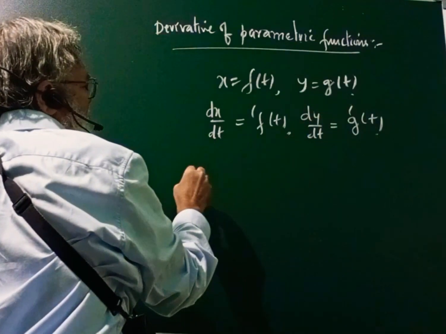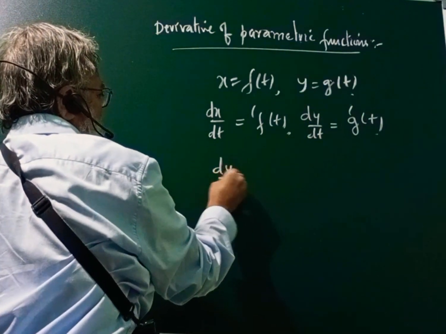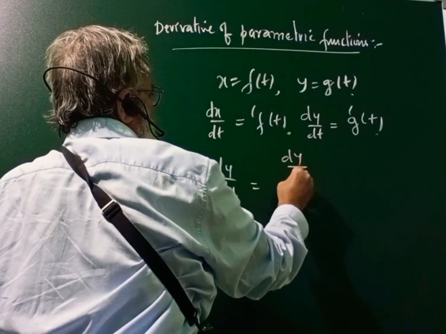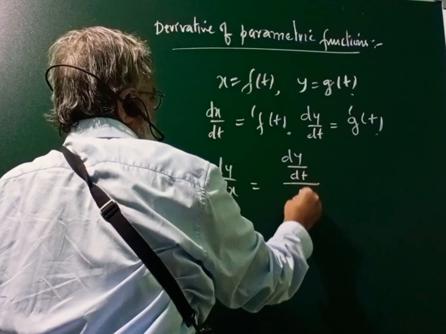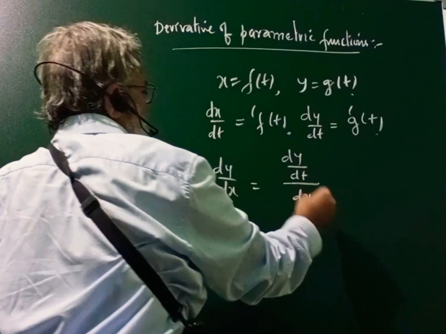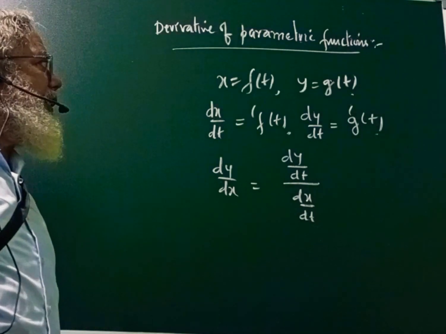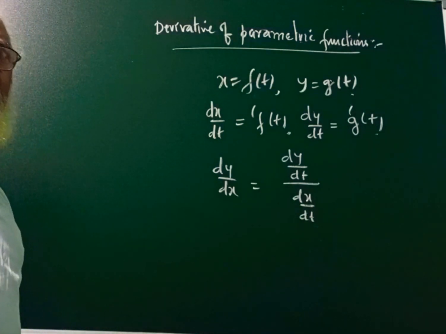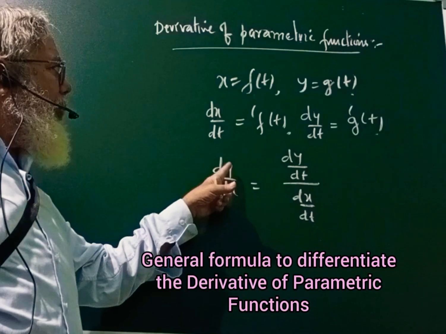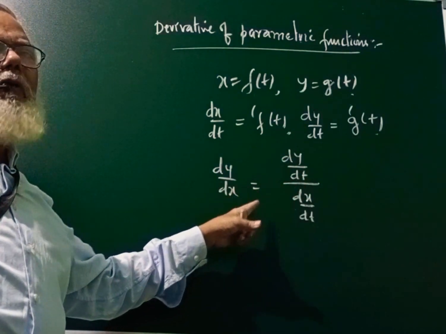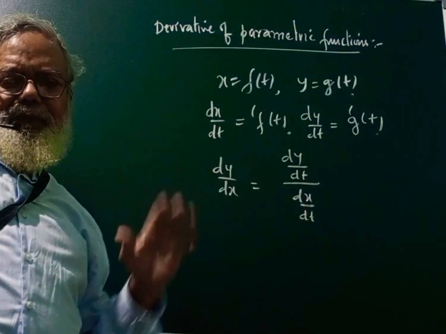Now, dy by dx is given by the formula dy by dt divided by dx by dt. That is the general formula to differentiate the parametric function. First we have to differentiate y with respect to t, divided by x differentiated with respect to t.